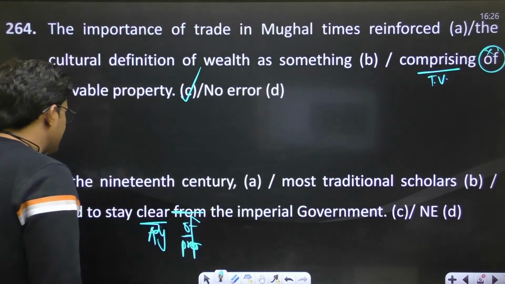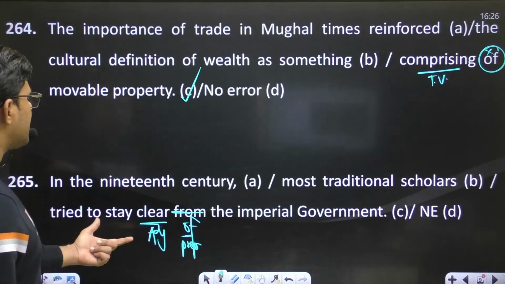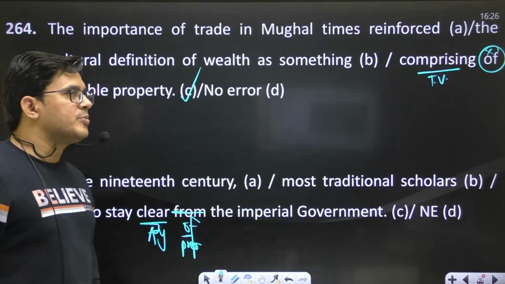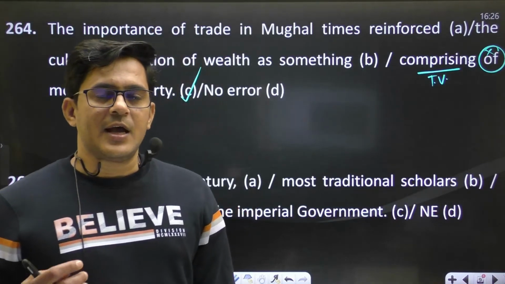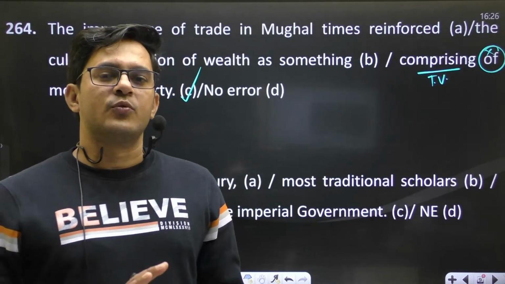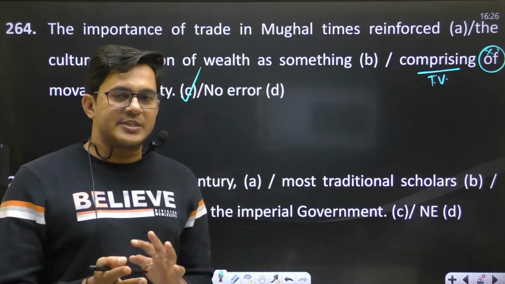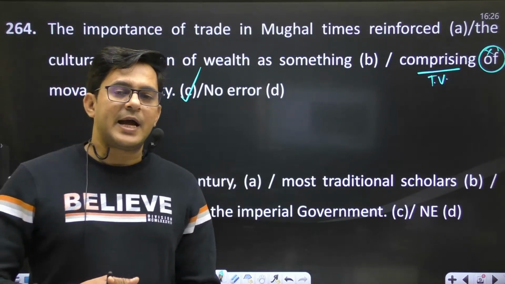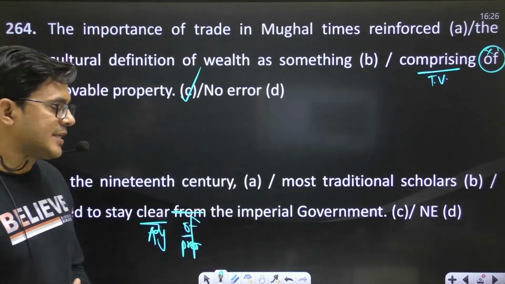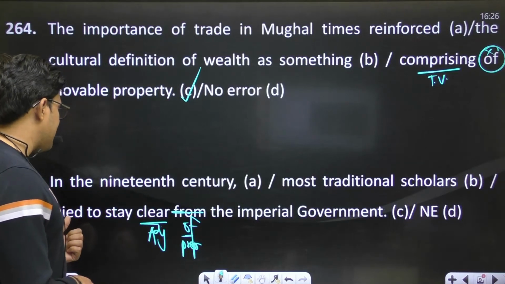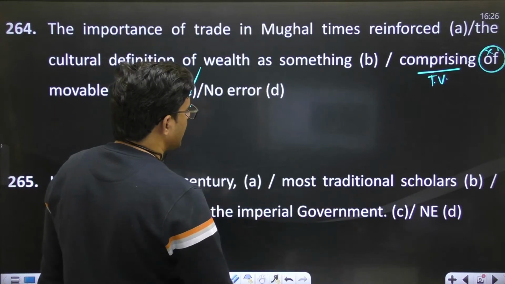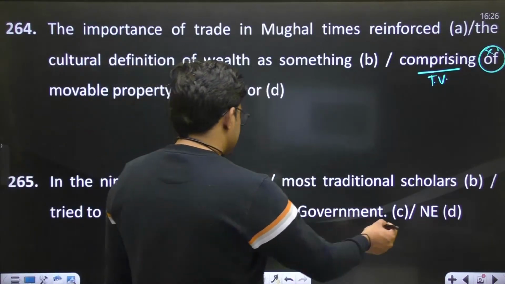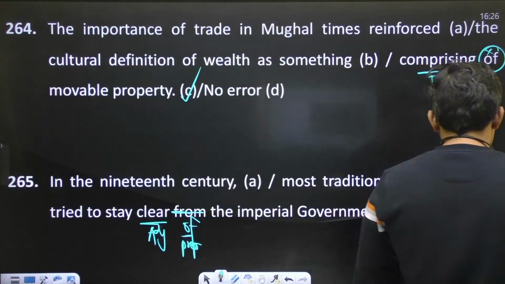So the sentence will be like, try to clear off. Clear off is a phrase that means not to be involved in any misconduct, crime or mischievous activity. So the sentence will be like, try to clear off of the imperial government, right? In this sentence, option C is the right answer.